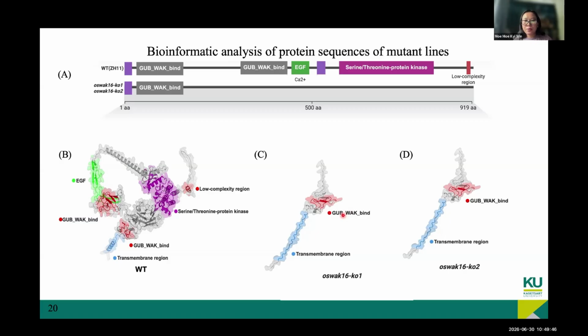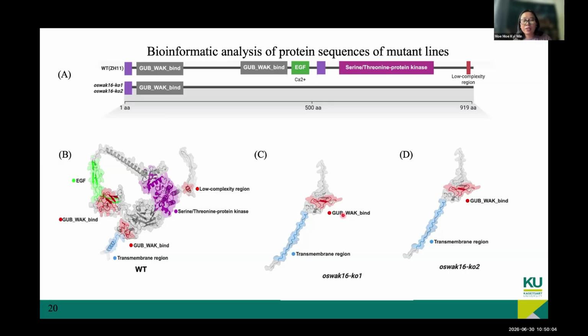From this experiment, our QTL-seq approach identified WEX16 as our potential candidate, and our expression data also show that this gene is highly upregulated in our resistant parent.